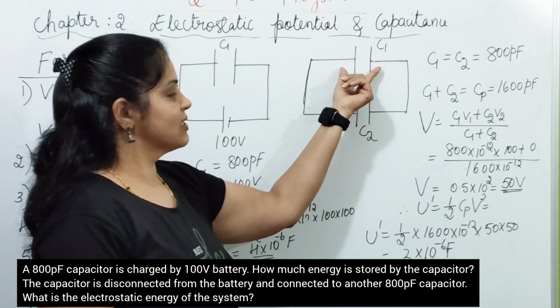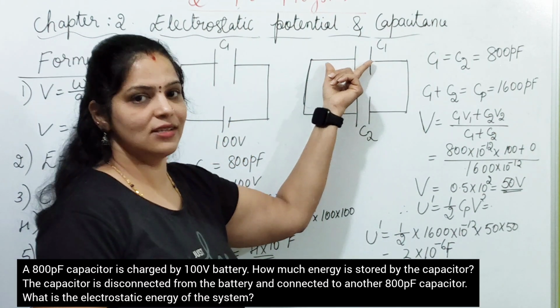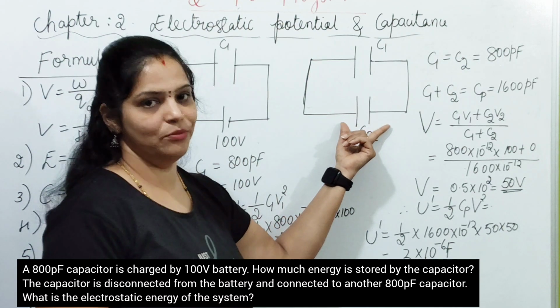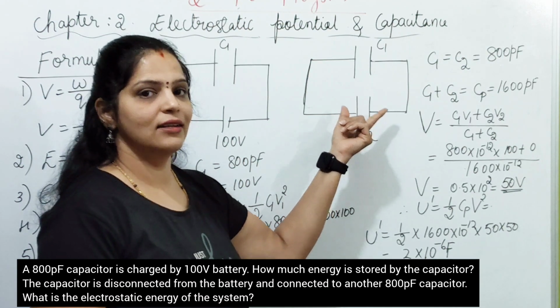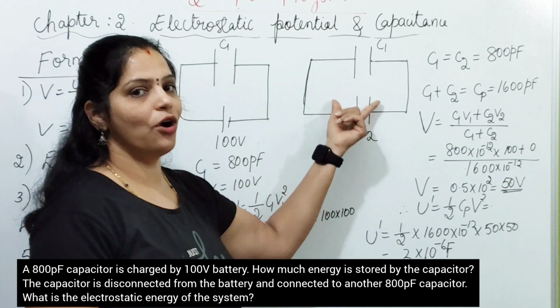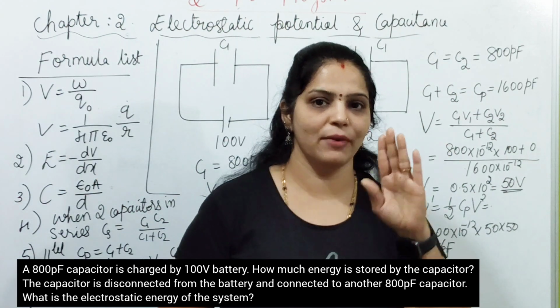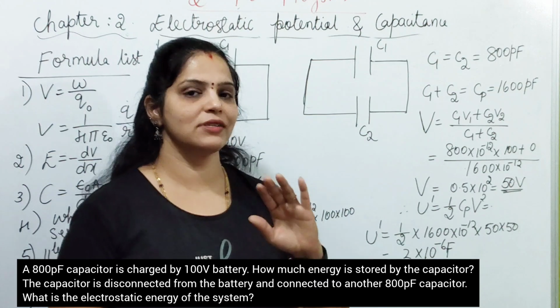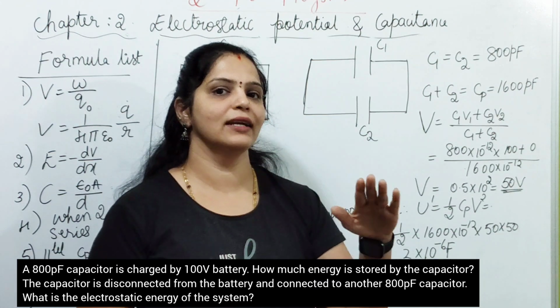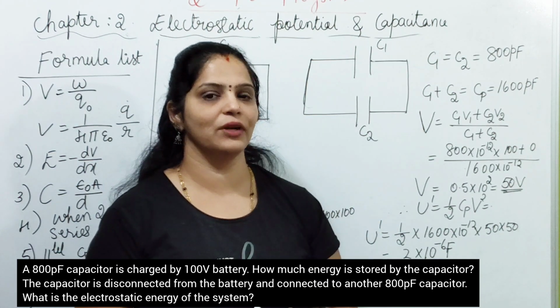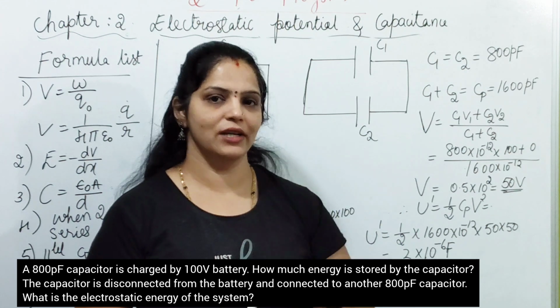So here this first capacitor shares its charges with the second capacitor, and the potential will be common across these two. Okay, as the charges flow from higher potential to lower potential, after some time what happens, both will be at the same charge, same potential. Okay, both will be having equal potential.